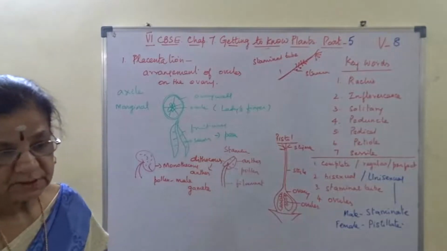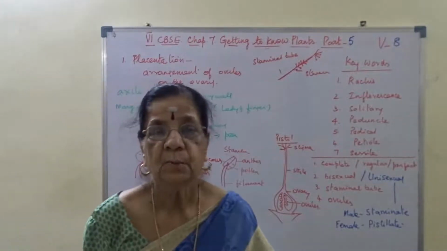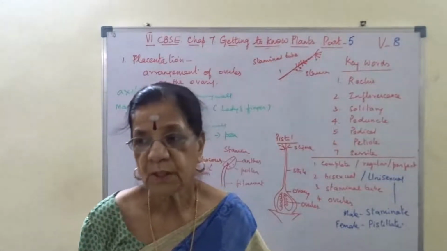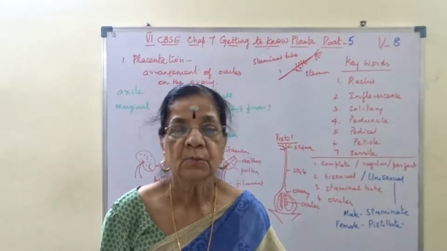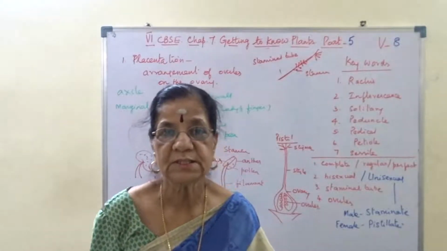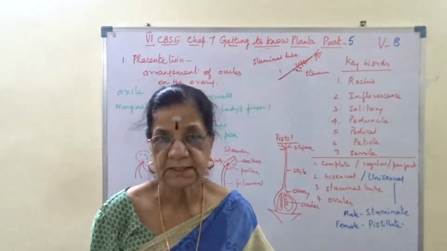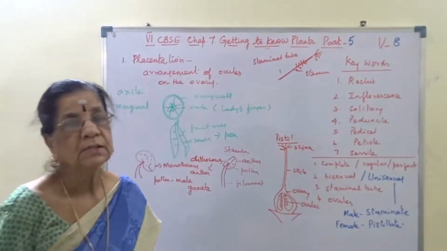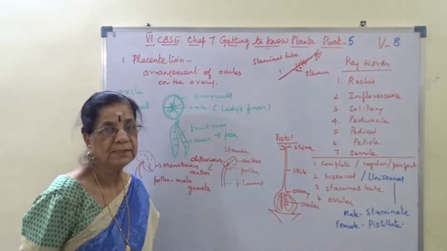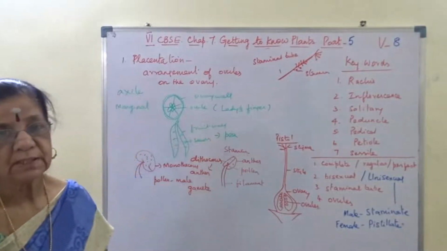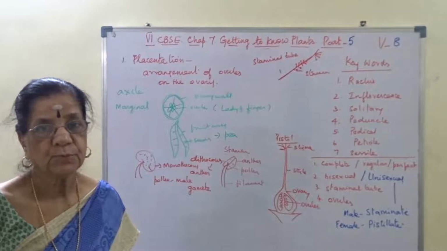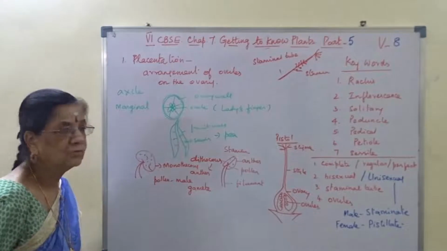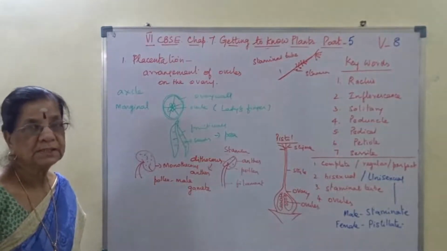The next part of the reproduction is pollination and fertilization. Pollination is the transference of pollen grain from the anther to the stigma. After reaching the stigma, the fusion of male and female gamete is called fertilization. I hope you understand this. So this is for these essential words, androecium and gynoecium.